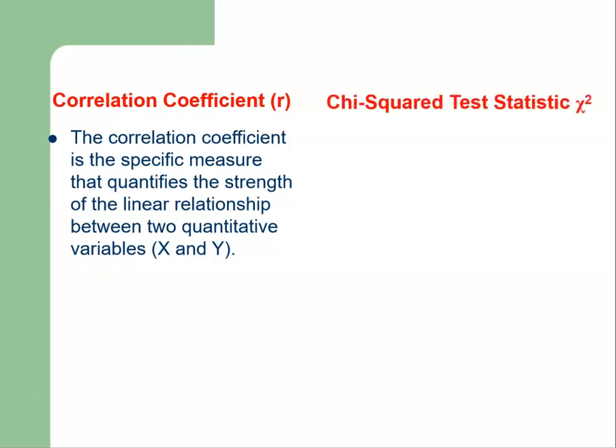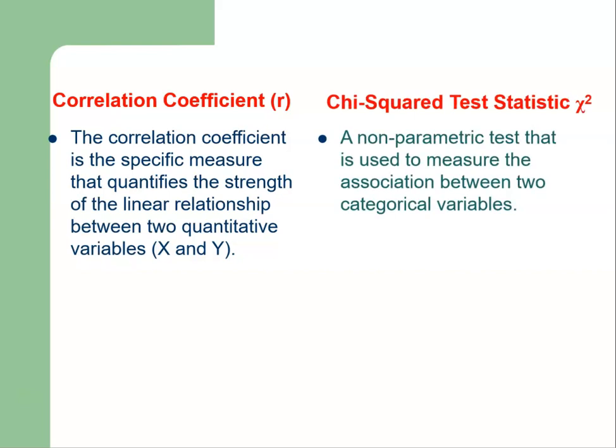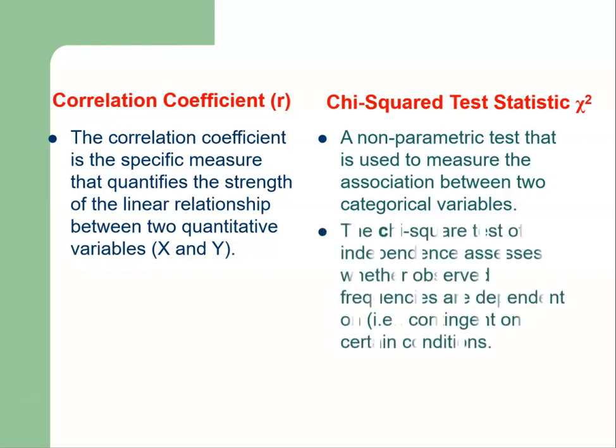Chi-square test statistic, on the other side, is a non-parametric test which is used to measure association between two categorical, descriptive or qualitative variables. The chi-square test of independence assesses whether observed frequencies are different or contingent upon certain conditions or not.